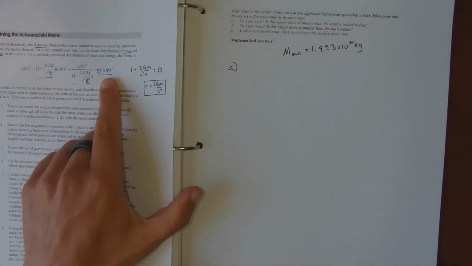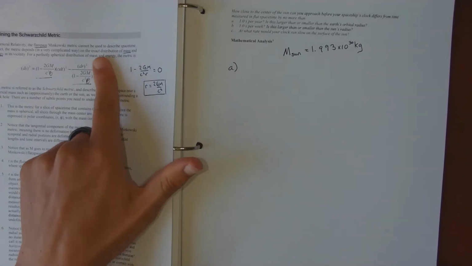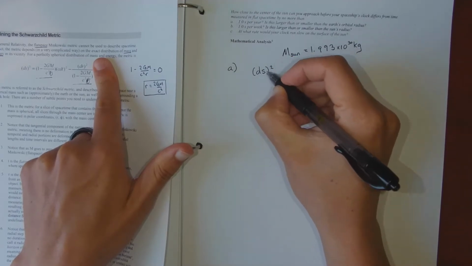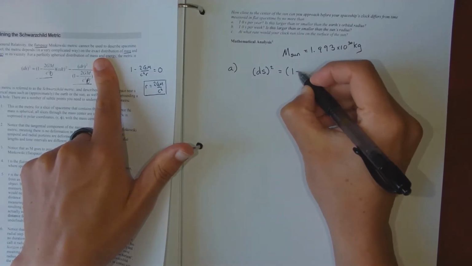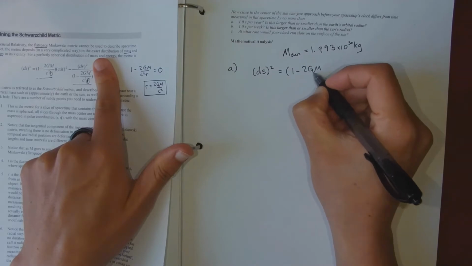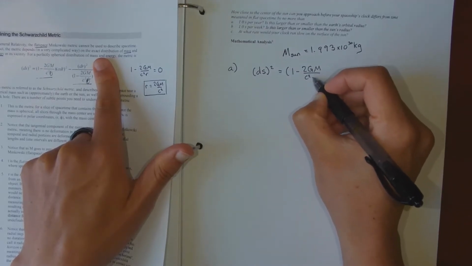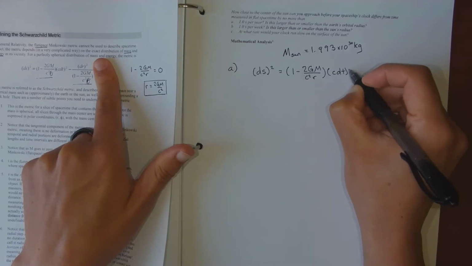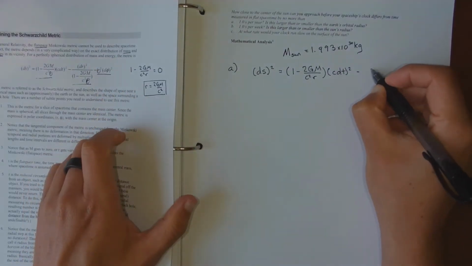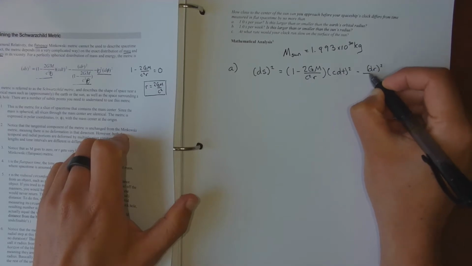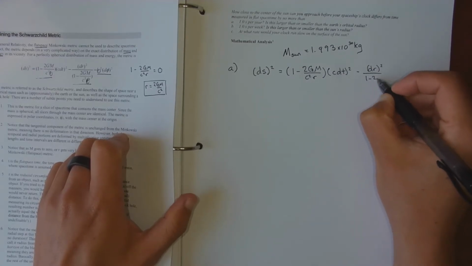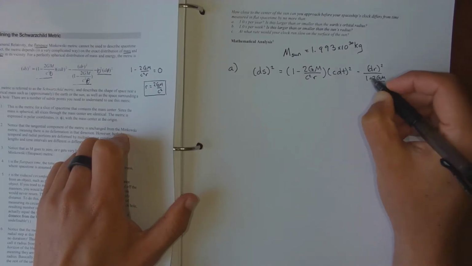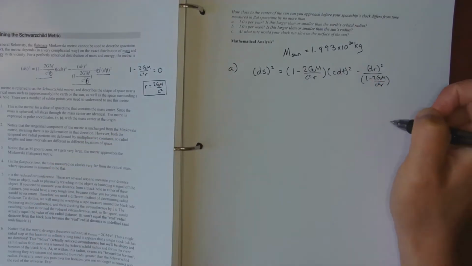Similarly here, there's no motion in the tangential direction, so we're going to say ds squared is equal to (1 minus 2GM divided by c squared r) times c dt squared minus dr squared divided by (1 minus 2GM divided by c squared r), and that's it.